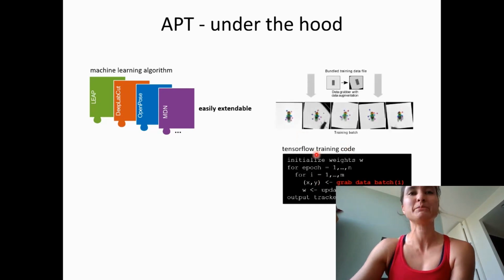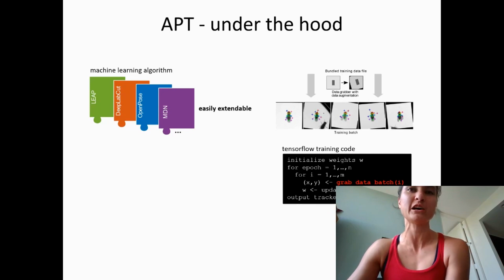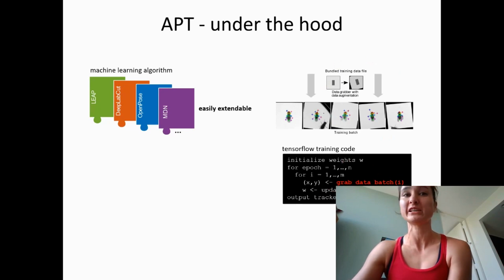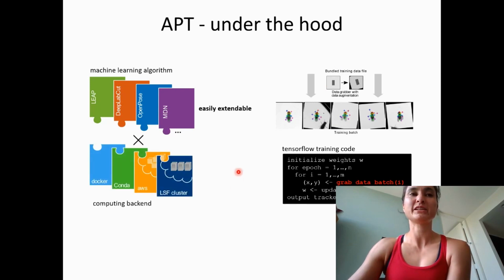So basically any type of TensorFlow training code can pretty easily be integrated into our software. We've made our data grabber, which includes the data augmentation, a module that you can just call from within your TensorFlow code. The other thing that we've spent time on is trying to make it so that biologists who have varying computational resources can run this code.